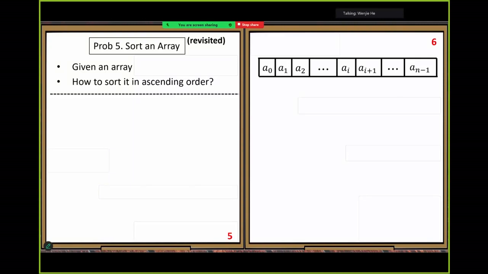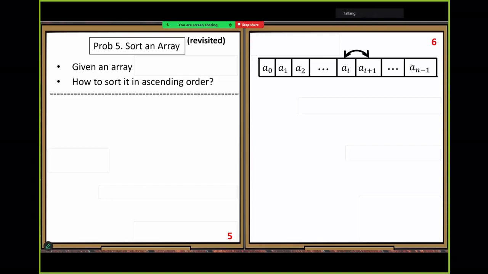This time, we will view this problem differently, using a different angle to understand the problem. Let's look at this data. This is our data.